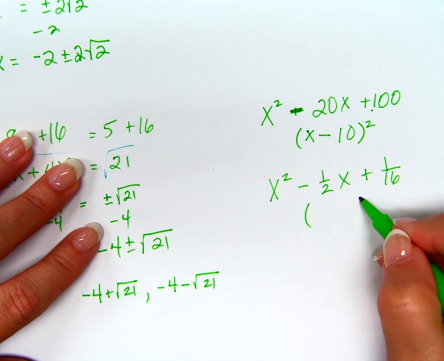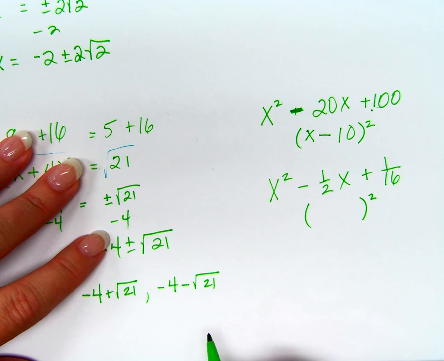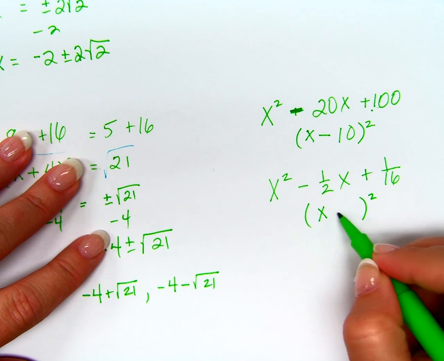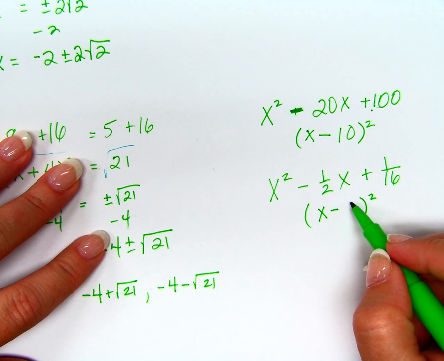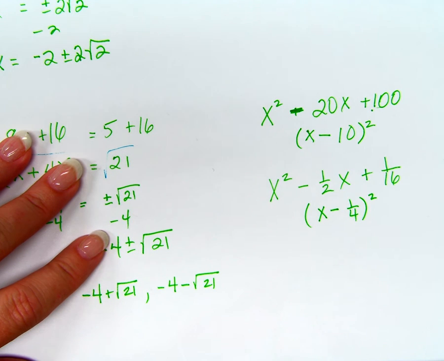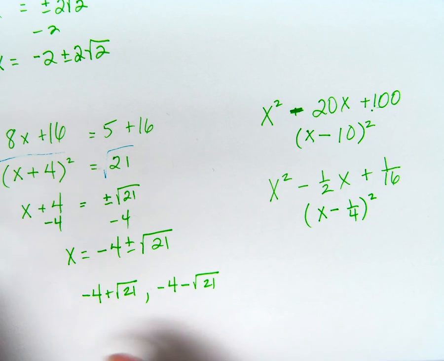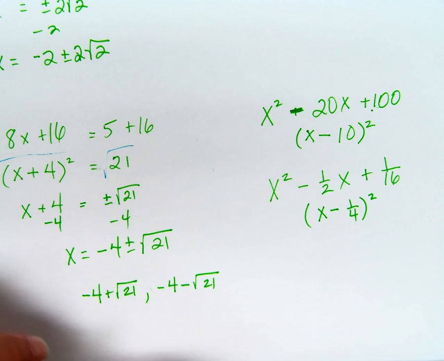What would its binomial look like? 1/4, that's exactly right. Okay. Do you remember this now? Yeah, a little better? Okay. If you have any more questions, just ask. I'll help you. Okay?